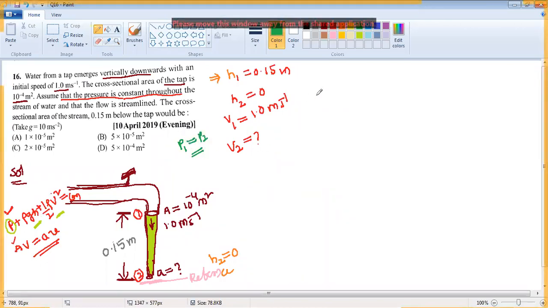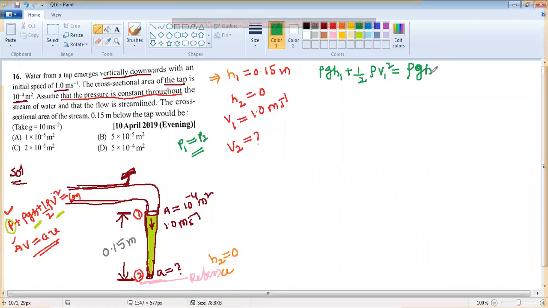By using the equation, rho g H1 plus half rho V1 square equals rho g H2 plus half rho V2 square.